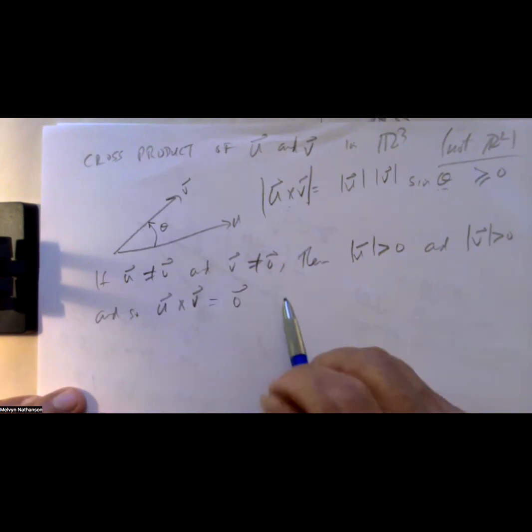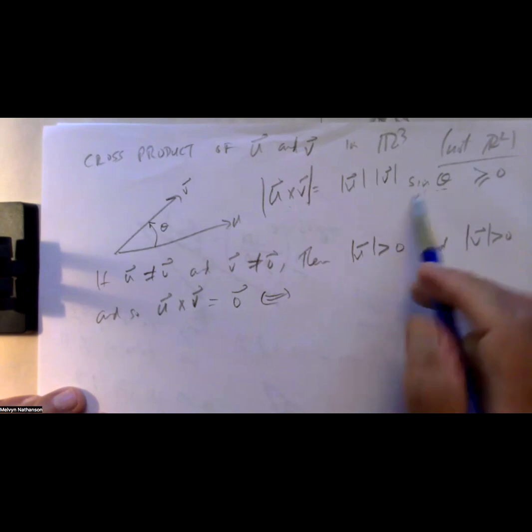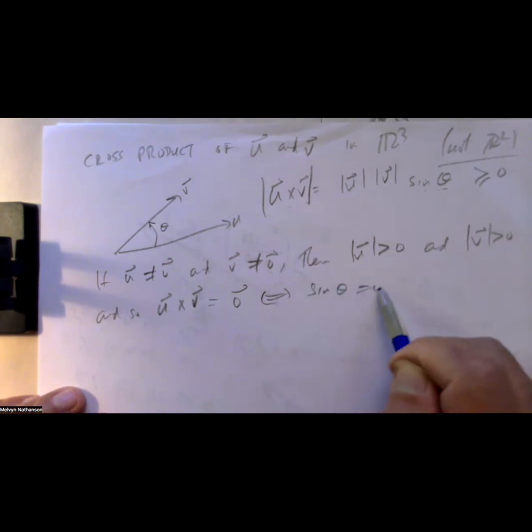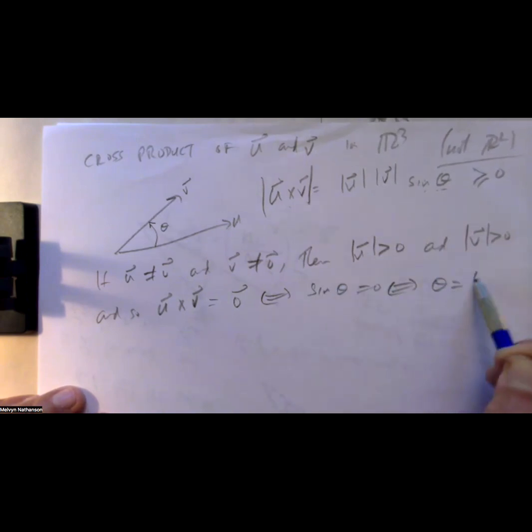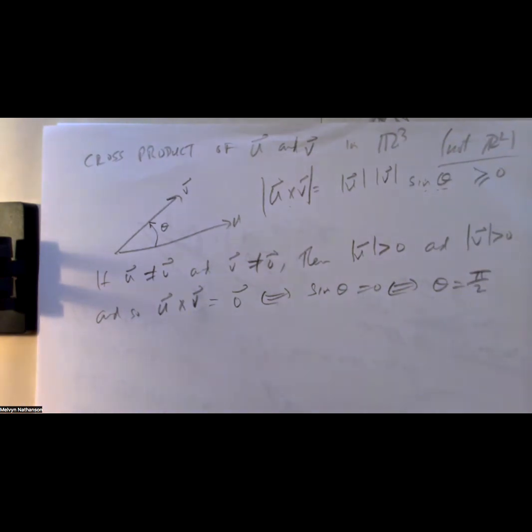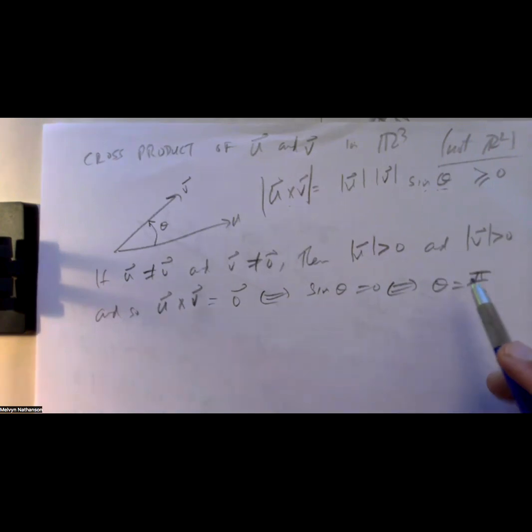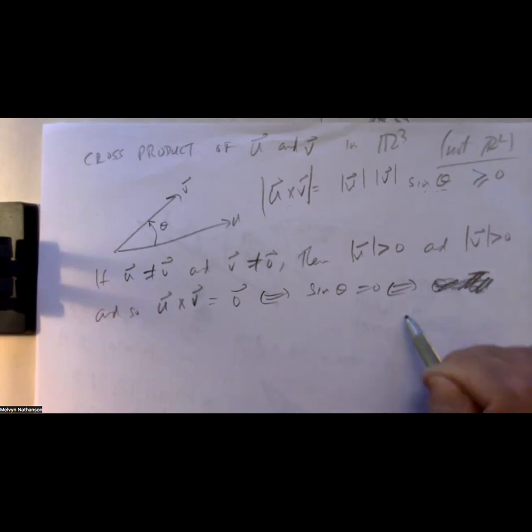So the only time this is going to be 0 is if the sine of theta is 0, which only happens when theta is a right angle, pi over 2 radians. Sorry. This is all completely wrong. It's 0 if and only if sine of theta is 0, so theta is 0 or pi. So it's only parallel vectors that have 0 cross product.